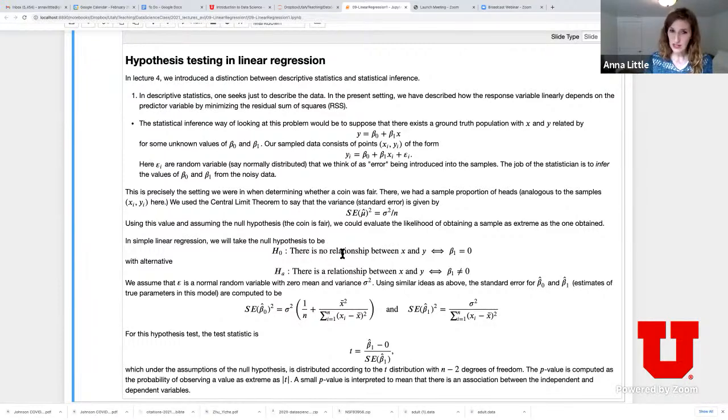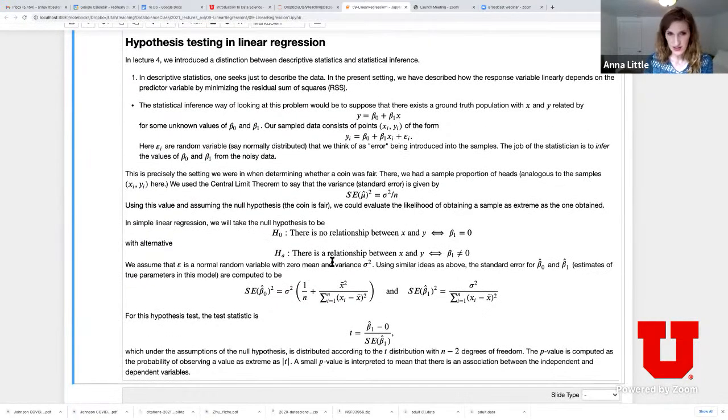More correctly, it would be to say there is no linear relationship between x and y, and the alternate hypothesis that there is a linear relationship between x and y, i.e. beta 1 is not equal to 0, because really in this hypothesis test, we're not testing for all possible relationships between the variables. We're testing for a linear relationship, so that should be stated in the hypotheses.